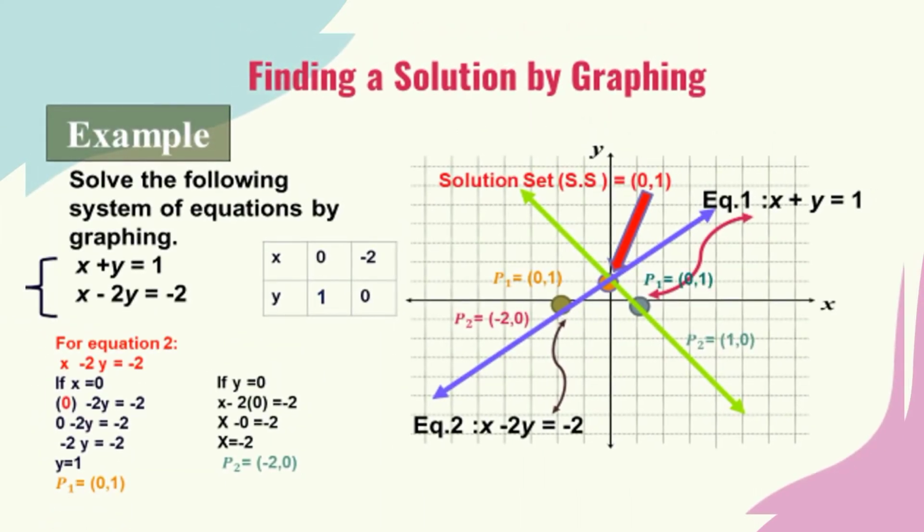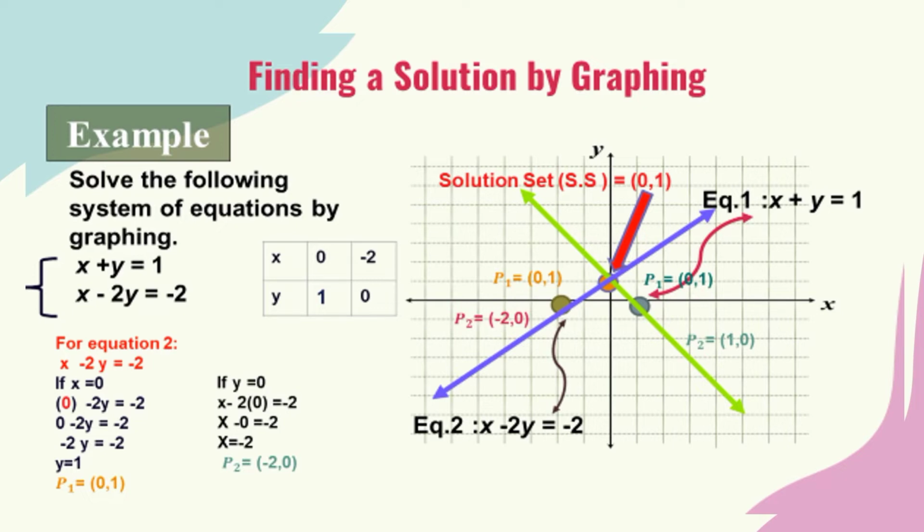Using one Cartesian plane for the system of linear equations x plus y equals 1 and x minus 2y equals negative 2, we have this figure. We have the blue line for equation 1, which is x plus y equals 1, and the green line for equation 2, which is x minus 2y equals negative 2.